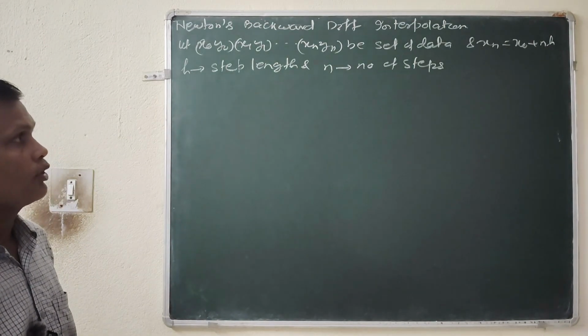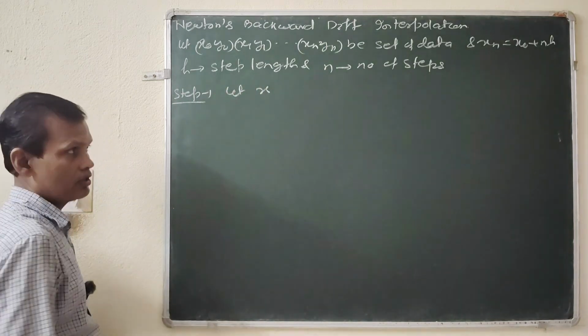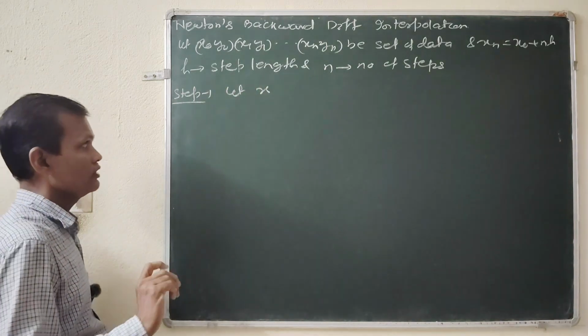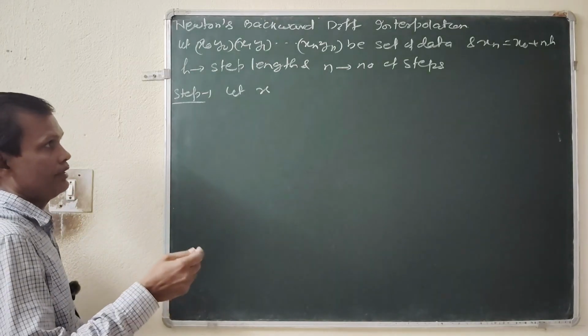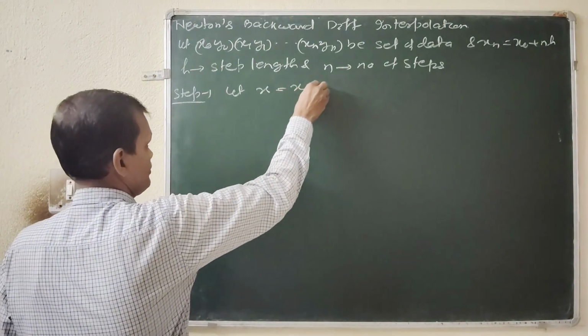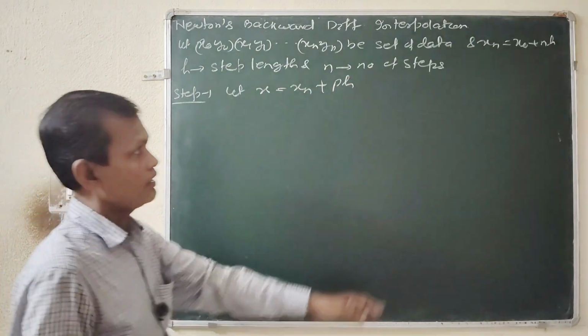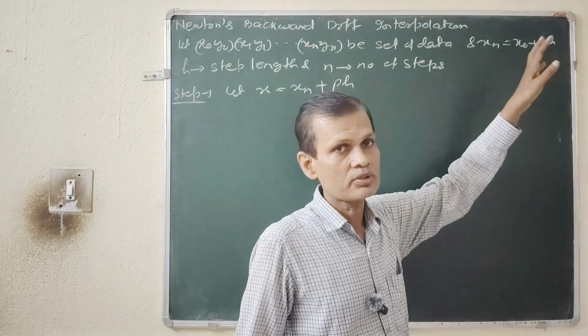Now we have to derive the formula. So let the desired point be x, because we have to find the value of y at x, so we redefine the step length as x is equal to xn plus ph. Previously the step was defined as xn equal to x0 plus nh.